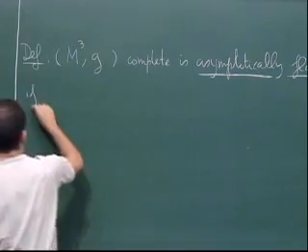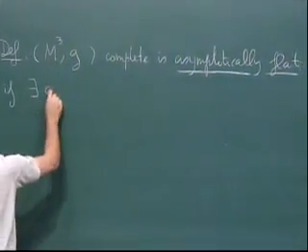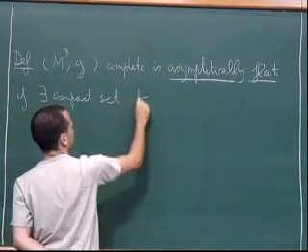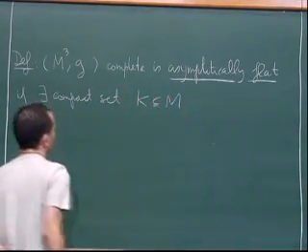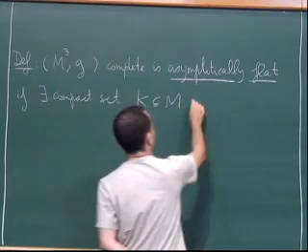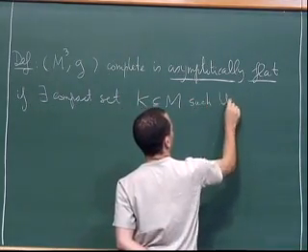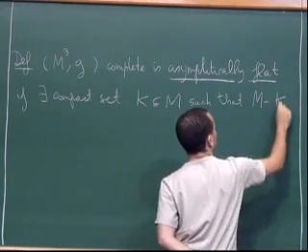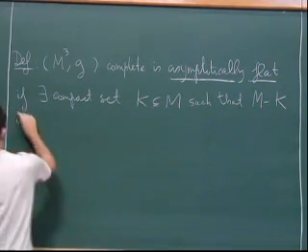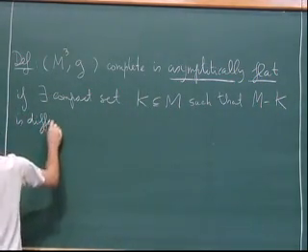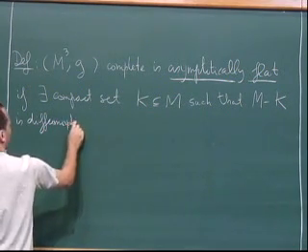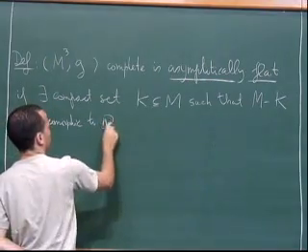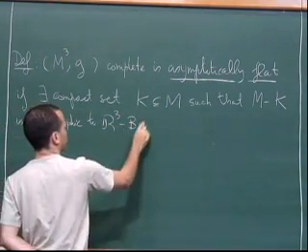if there exists a compact set K contained in M such that the complement M minus K is diffeomorphic to the complement of, let's say, the unit ball in R3, that is, R3 minus the unit ball.